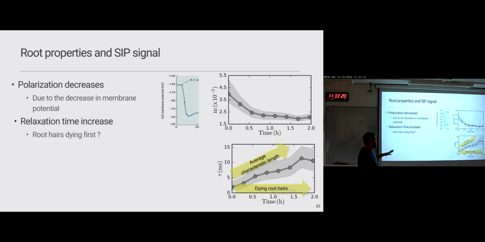And in general, we were starting to think about, okay, in the root we have the cells inside. So do we polarize the cells inside the root? Is it the root as a whole? What is the relevant length scale here? And we wanted to tackle this problem.